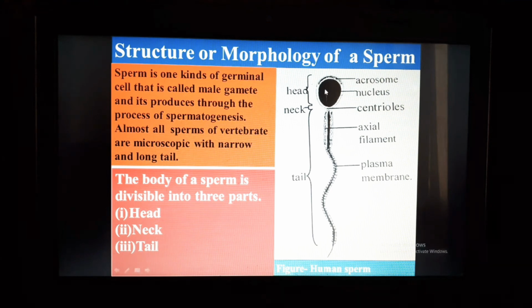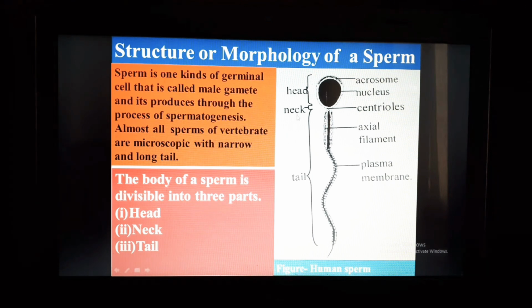We know that all gametes or reproductive cells contain haploid chromosomes. It has a cap-like organ called acrosome, which secretes hyaluronidase enzyme that helps in fertilization.